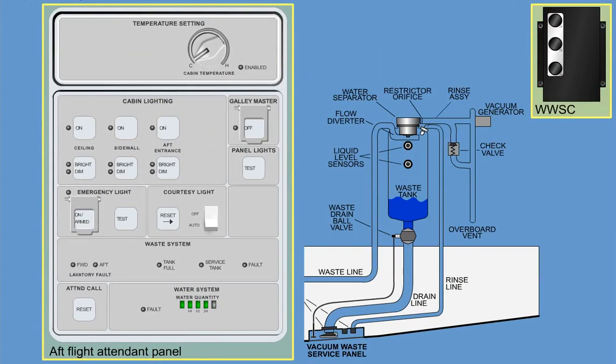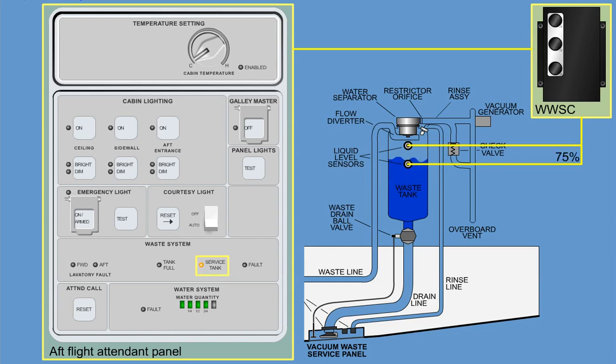The water and waste system controller monitors the waste tank level sensors and sends an output signal to the flight attendant panel to indicate the correct quantity. At 75%, the service tank light illuminates, and at 100%, the tank full light illuminates.